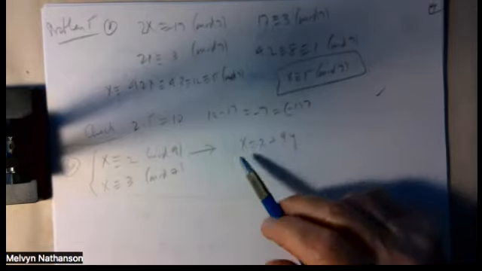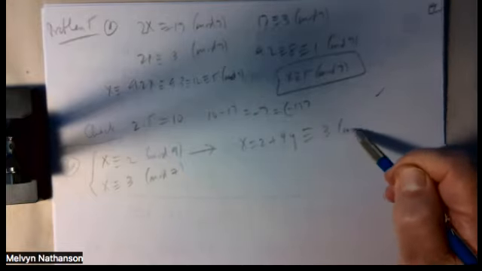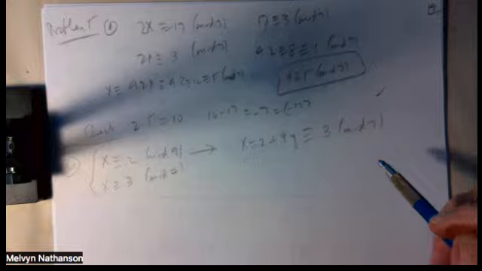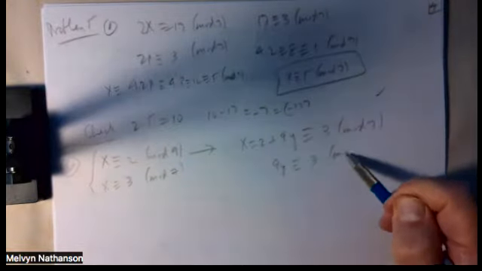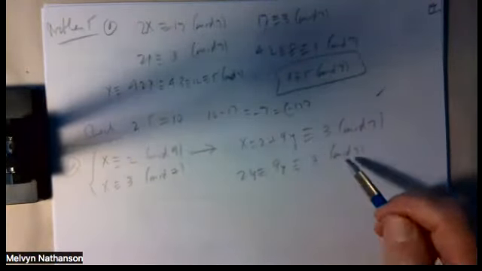So x is an integer of the form 2 plus 9y. And this has to be congruent to 3 mod 7, which is the same as 9y congruent to 3 mod 7. Of course, 9 is congruent to 2. So this is the same as 2y congruent to 3 mod 7.